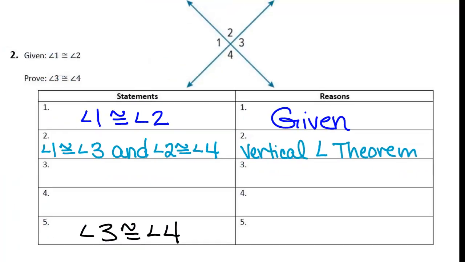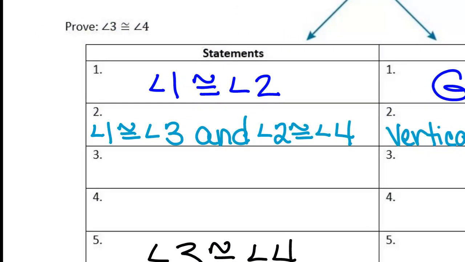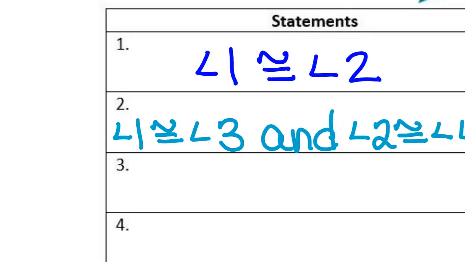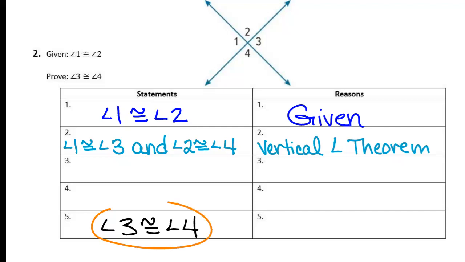All right. Might seem a little strange, but we're going to go for it. At the end down here, which side do I want angle 3 on? I want it on the left. When I look right here, which is the first time I've introduced angle 3, right? It's the first time in my proof we saw angle 3. Which side of the congruent symbol is angle 3 on?